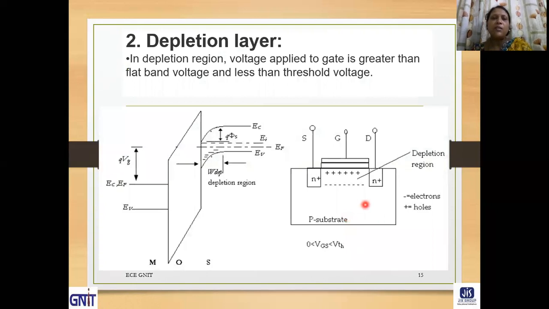So here we can see in depletion region, voltage applied to the gate is greater than the flat band voltage and is less than the threshold voltage. This is the metal part, this is oxide, and this is semiconductor.